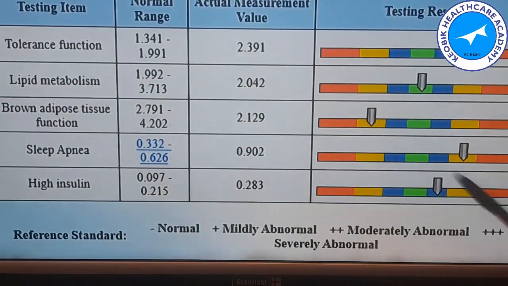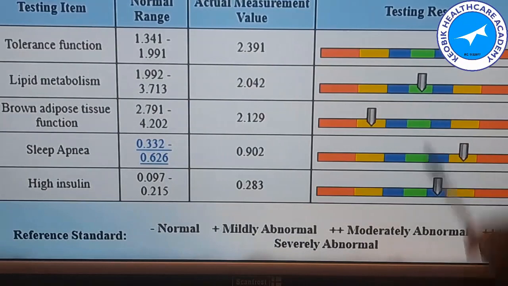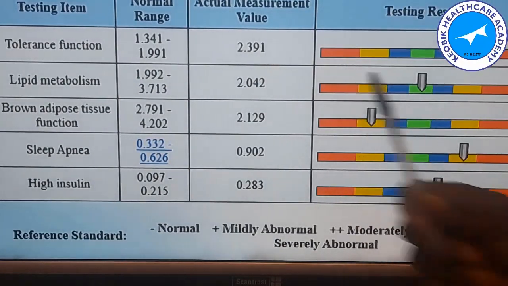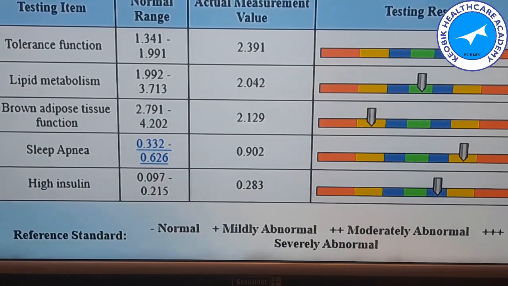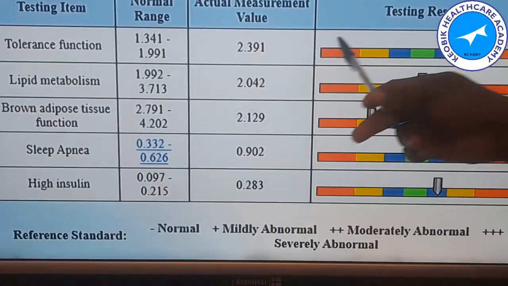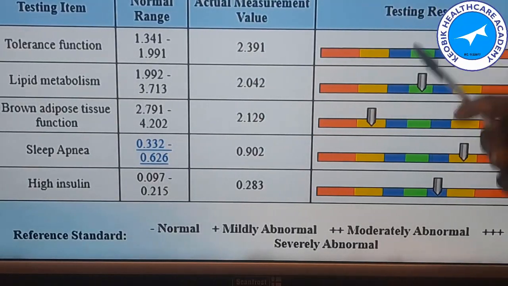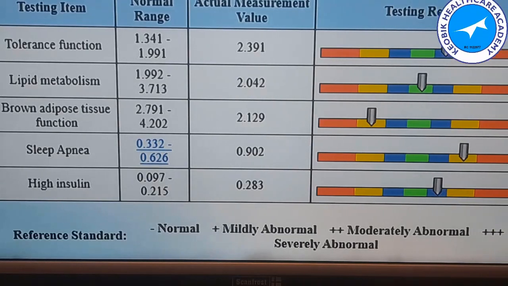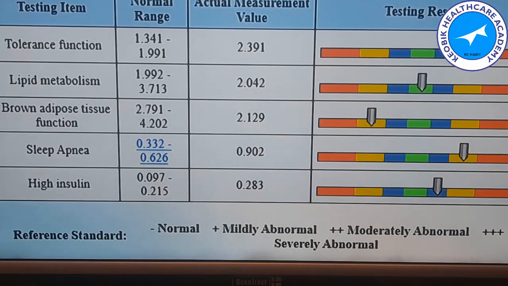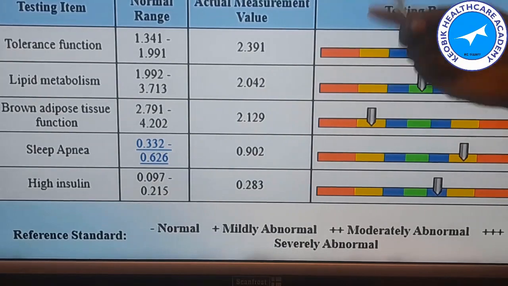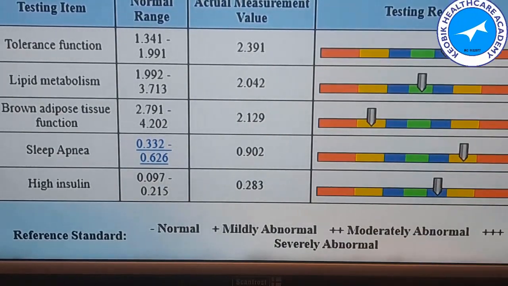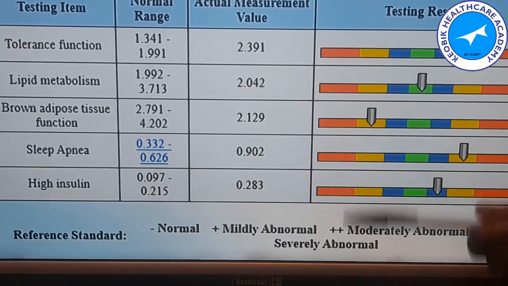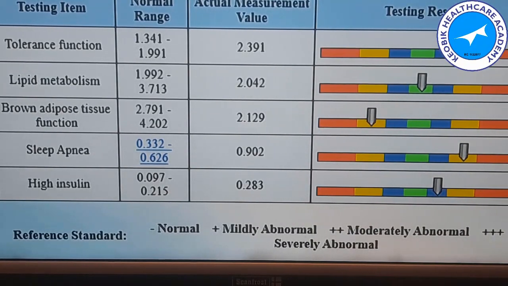which doesn't give room for absorption of glucose. So when it is low here, it may be on account of high insulin resistance or on account of diabetes, but it is showing a low tolerance function. It is indicating that it may be a form of diabetes or the other, probably pre-diabetes, type 1 diabetes, type 2 diabetes, or gestational diabetes, or other forms of diabetes.